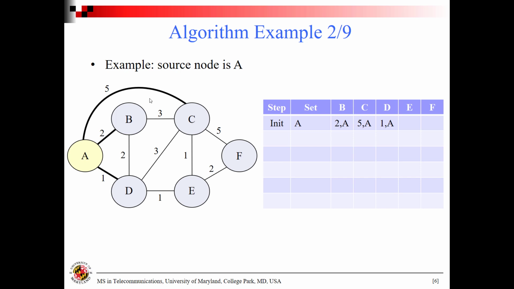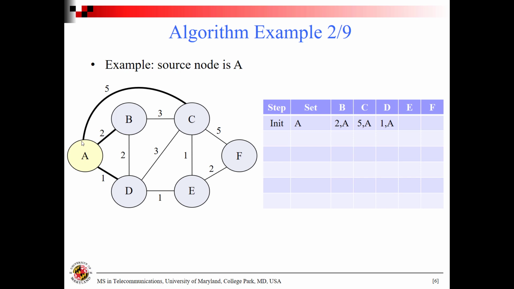And so the initialization step will be adding the node itself to the set. So here, as you can see, we are adding node A to the set. And after doing that, if you go back and refer back to the algorithm slide, what we're going to have to do is look at the nodes adjacent to the source node, so the neighbors of the source node, and determine their costs based on the link between the source node and that particular node.